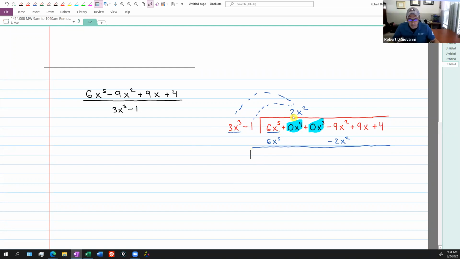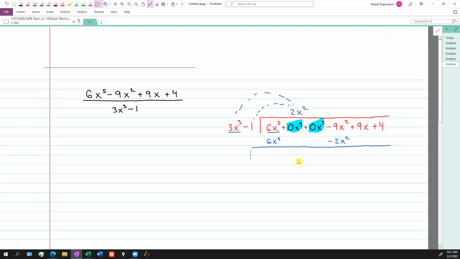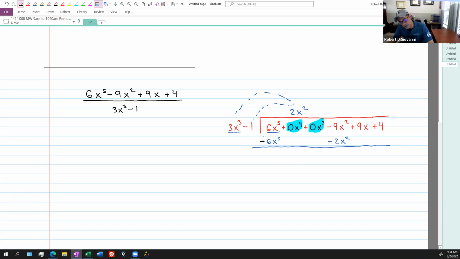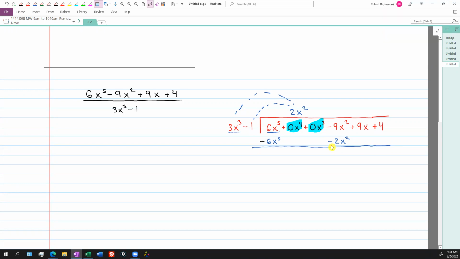Well, let's see. Miguel told us to multiply this through, which we did. And now we need to do something before we start looking at what to multiply anything by. So then we would just subtract the 6x to the 5th, change that to minus. What do I change this to? A positive. Positive, okay. And then go ahead and add down.